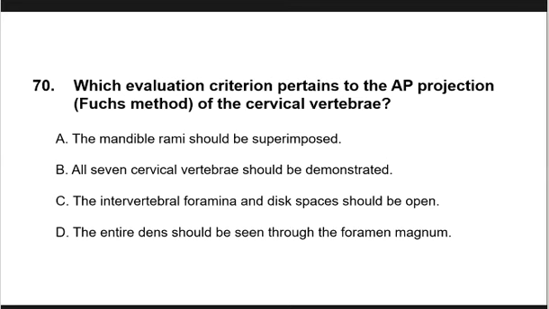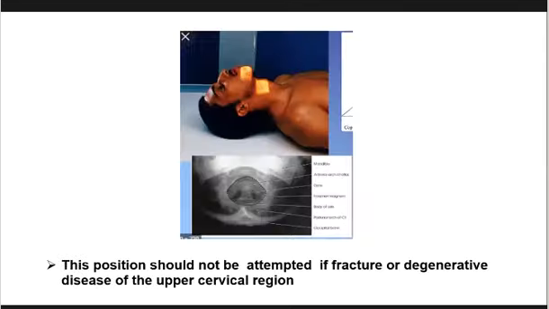So I repeat, one of the AP projections for the demonstration of the cervical vertebrae, specifically C1 and C2, is the FATCH method. In the FATCH method, the patient is in supine position, then hyperextend the chin.